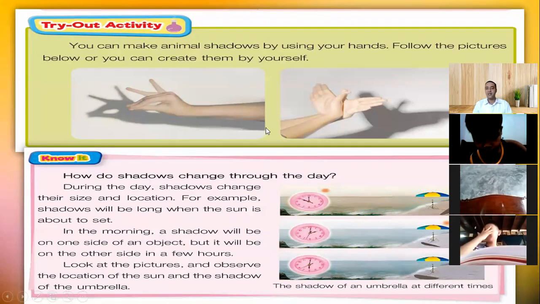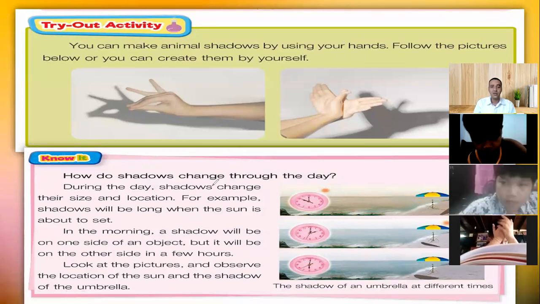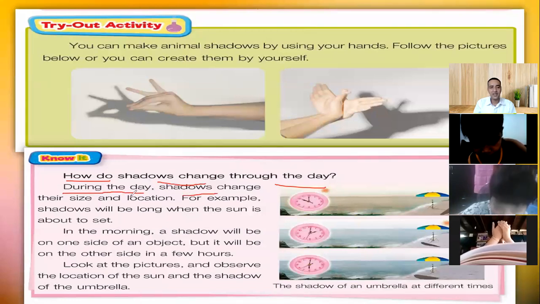Okay, now here, how do the shadows change through the day? In the daytime, the shadows always change. It depends on the time. During the day, shadows change their sizes and location.